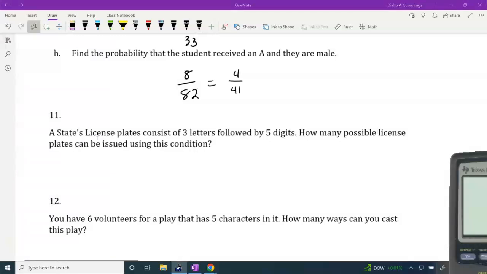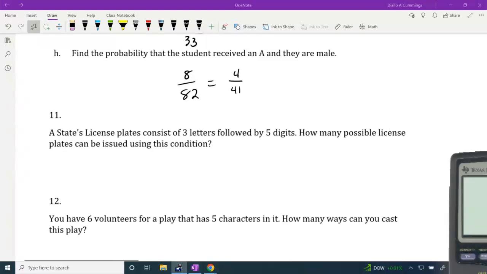All right, 11 says a state license plates contain 3 letters followed by 5 digits. How many possible license plates can be issued using this condition? So notice now, this question is not asking for a probability. It's simply asking for how many possible license plates. So we're going to use that fundamental principle of counting, right?